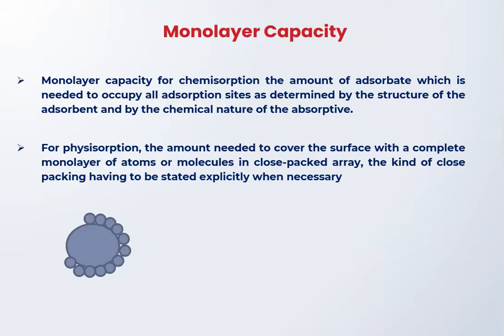Monolayer means a single layer is formed on the surface of your adsorbent. So this bigger molecule is your adsorbent and these small molecules are adsorbate. Now here monolayer capacity is over for this adsorbent.